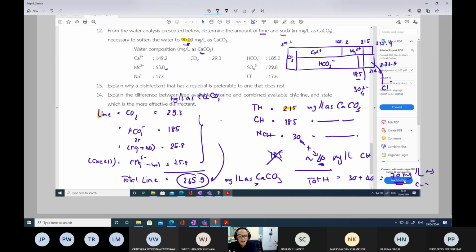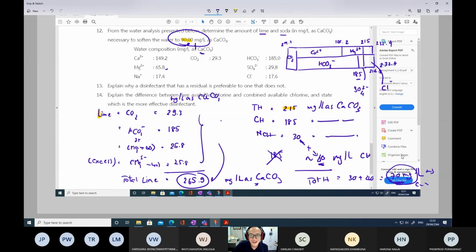So you can expect the hardness in the water to be approximately 70 milligrams per liter. If you compare with the requirement, which is 90, now we have 70.